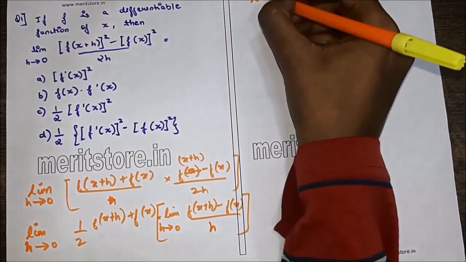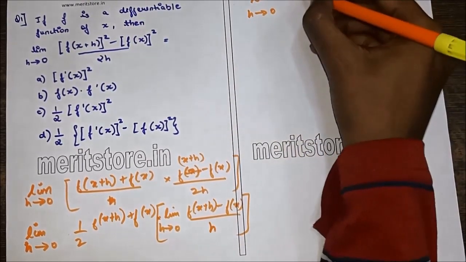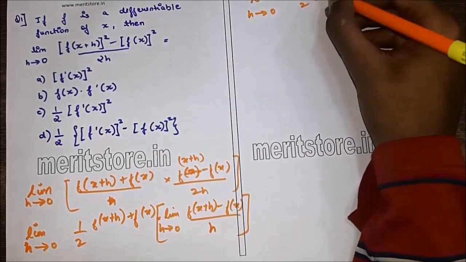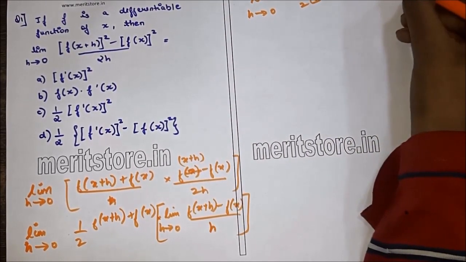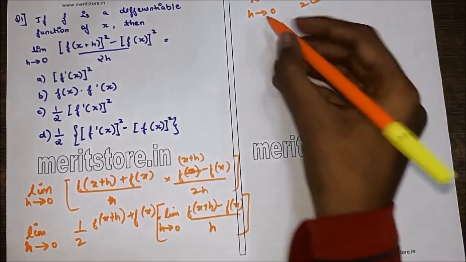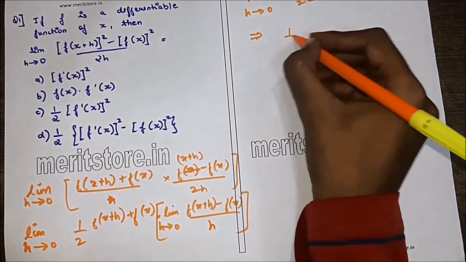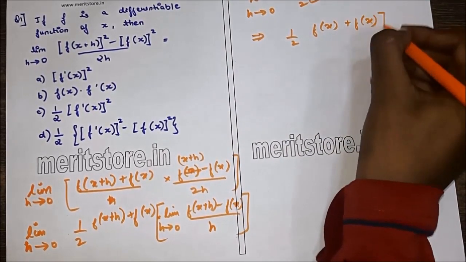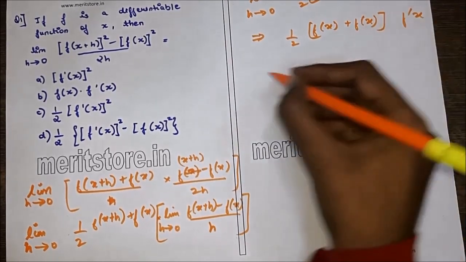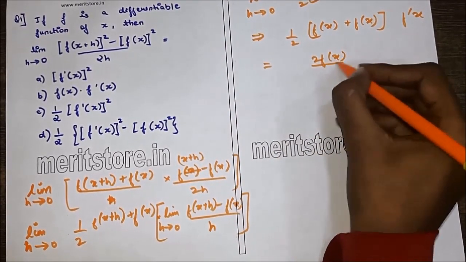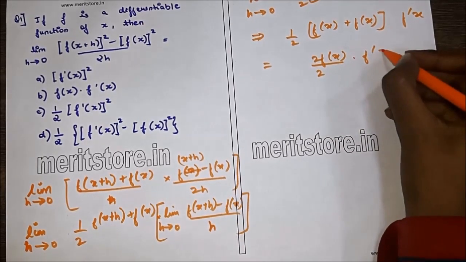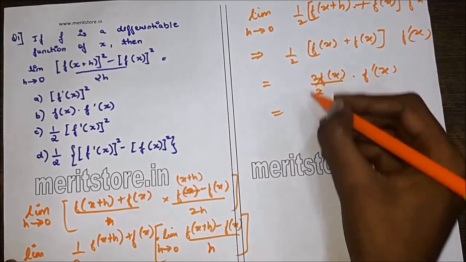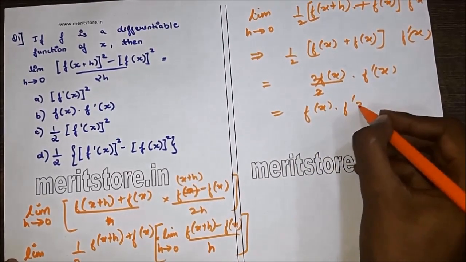So this is limit h tends to 0, 1 by 2 f of x plus h plus f of x into f dash of x. Now we put the limits, we get h is 0, so this is f of x plus f of x into f dash of x. This is 2f of x upon 2 into f dash of x. 2 gets cancelled, we are left with f of x into f dash of x, which is option B.